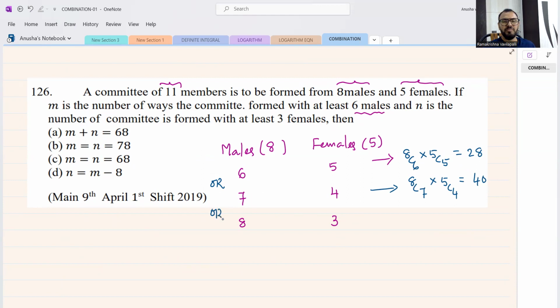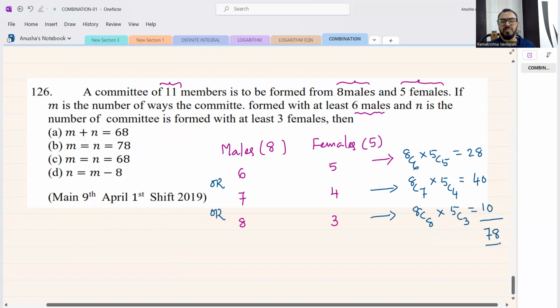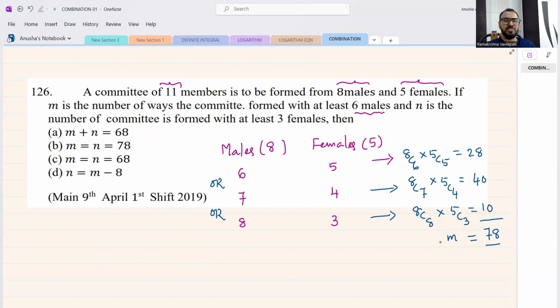Or the third possible case is 8C8 because we have to select 8 males, then 3 females, 5C3. 8C8 is 1 and 5C3 is 10. So this is totally 78. This is the number denoted by M. M is the number of ways the committee formed with at least 6 males.